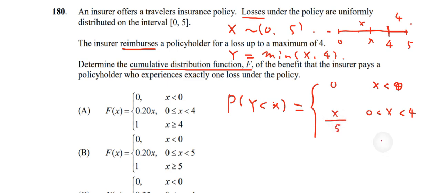And when x is larger than 4, the probability that Y is less than x becomes 1. Okay, so this is the cumulative function.